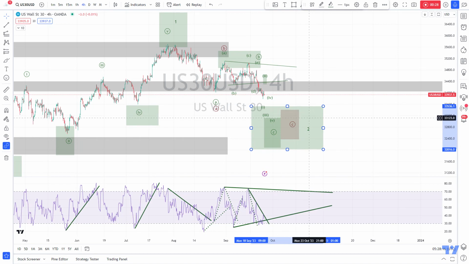And I believe this wave 2 is unfolding as an ABC pattern. As you can see, I have two ABC patterns here on my chart. If you follow me for a while, then you know that I put my primary scenario in green and my secondary scenario is indicated in red.